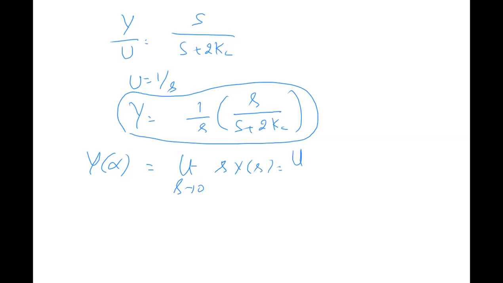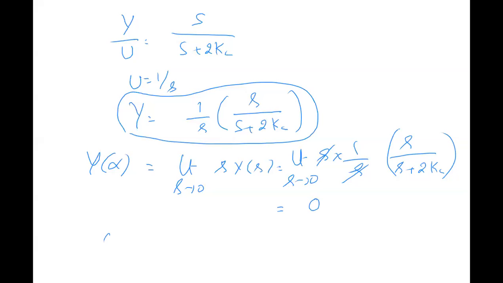So limit s tends to 0, s into 1 by s into s by s plus 2 Kc. So this s and s will cancel. When you put s equal to 0, the final value is 0.